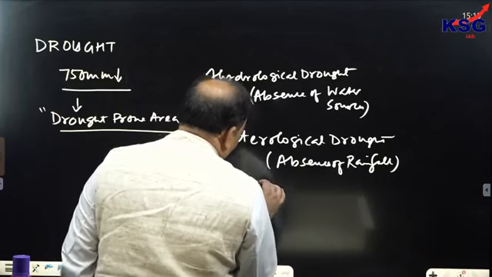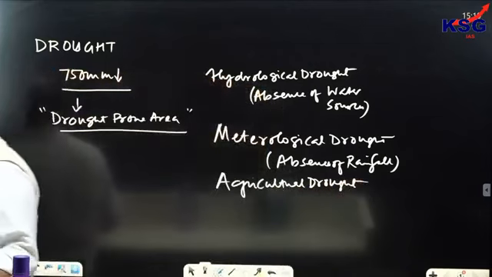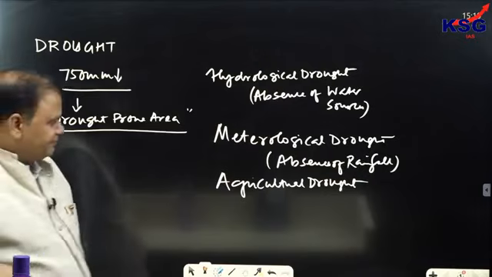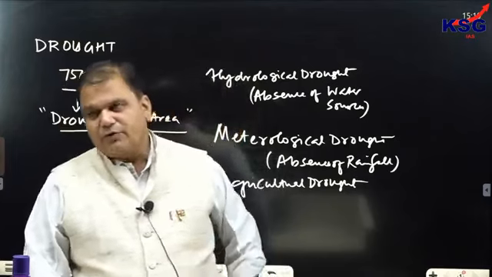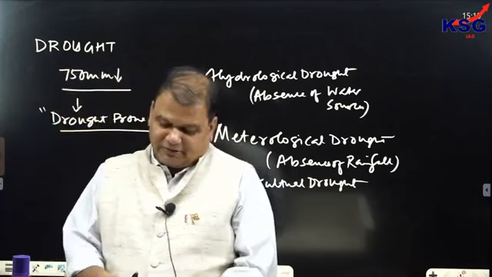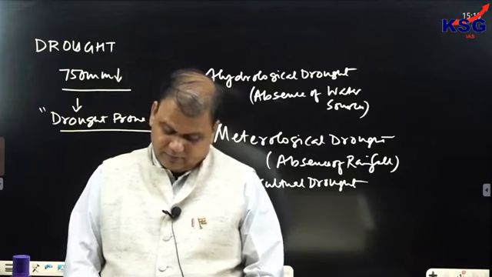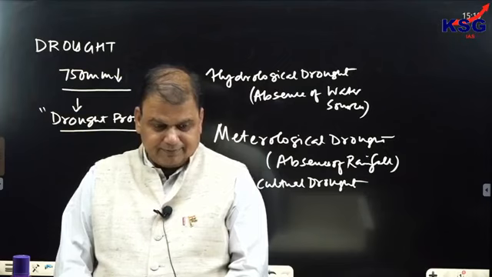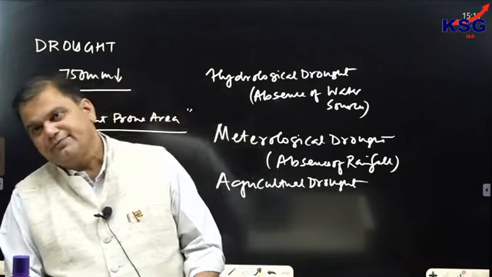And agricultural drought, which is a combination of both and has its impact on crop cultivation. Clear?